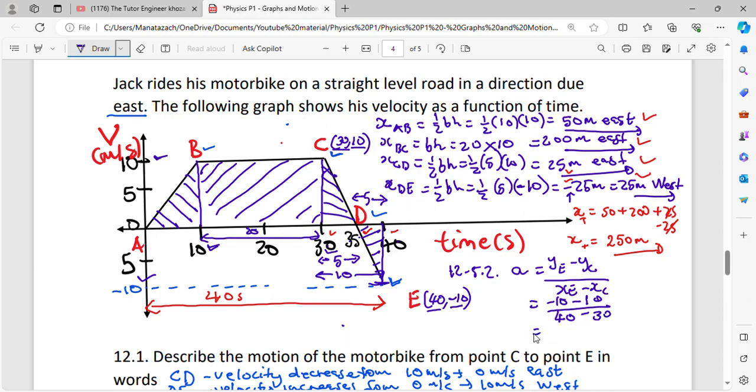So this will give us at the numerator minus 20 divided by 40 minus 30, which is 10.